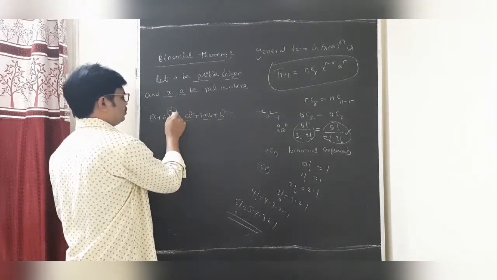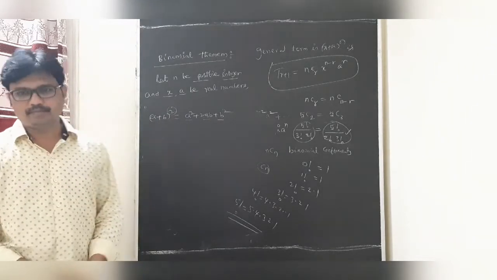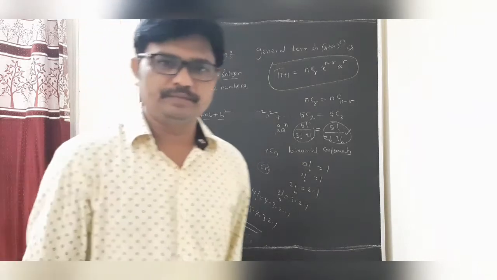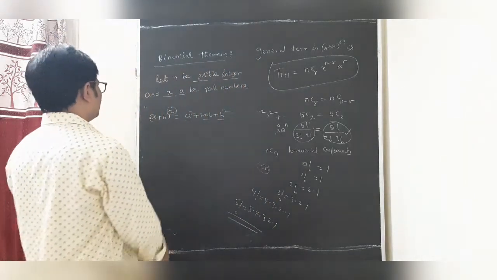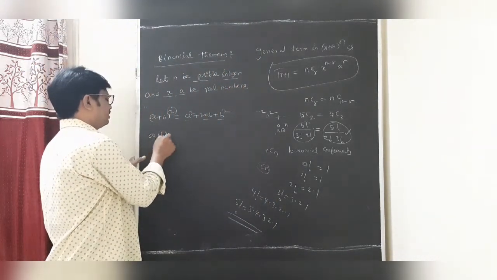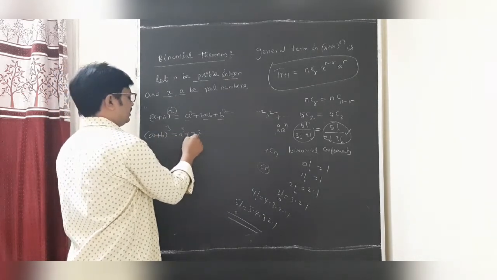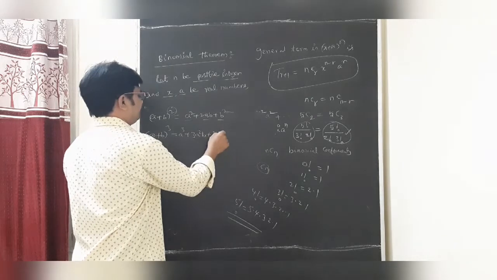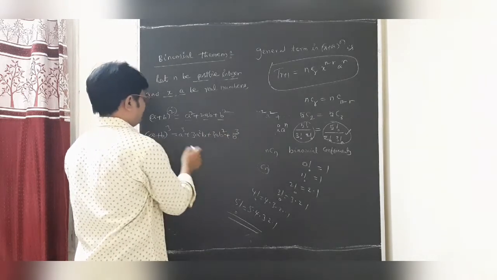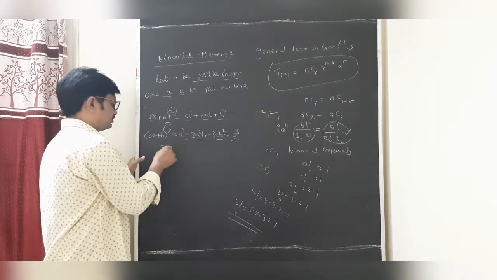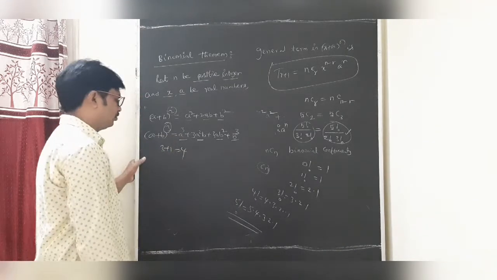If the index is 2, the number of terms is 3. After that, (a plus b) whole cube is a cube plus 3a square b plus 3ab square plus b cube. 1, 2, 3, 4. Here the power is 3, so 3 plus 1, the number of terms is 4.